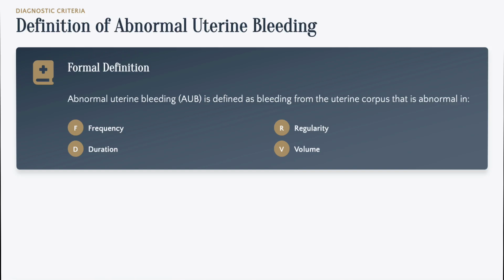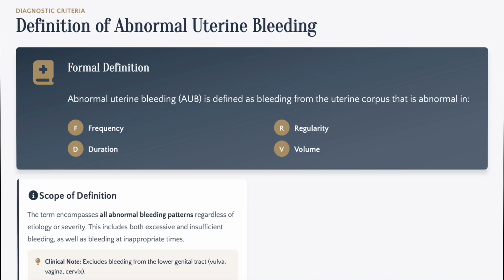The scope of this definition is broad, so it encompasses all abnormal bleeding patterns regardless of etiology or severity. So this includes both excessive and insufficient bleeding, as well as bleeding at inappropriate times.